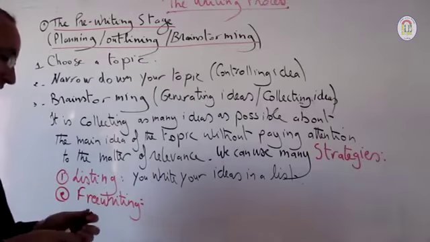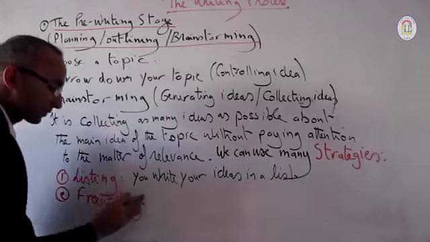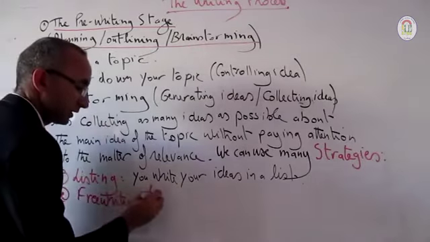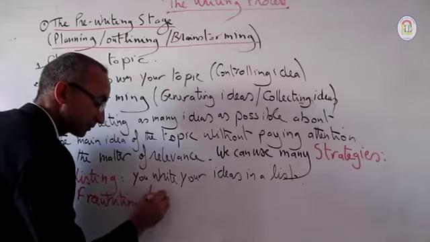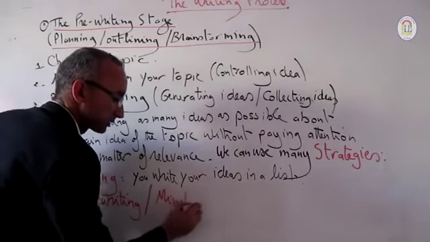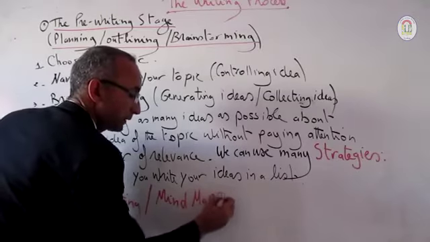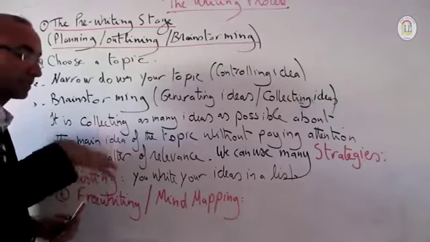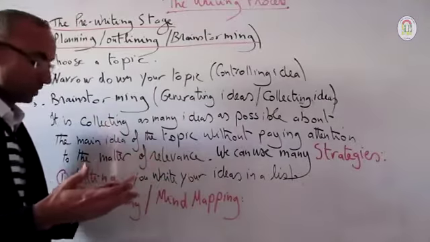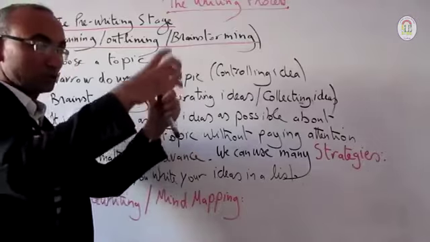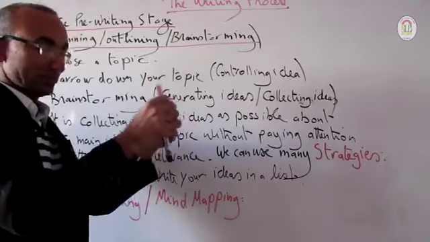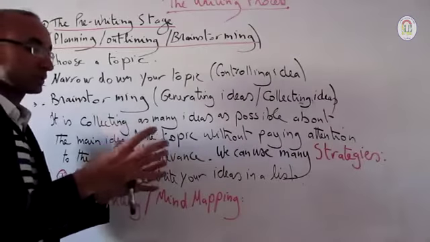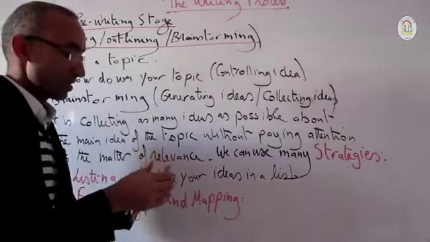Also, we have another strategy we can use, which is mind mapping. Here we use a mind map, usually circles. First circle contains the topic, then next to it, another one which contains an idea, then like this.